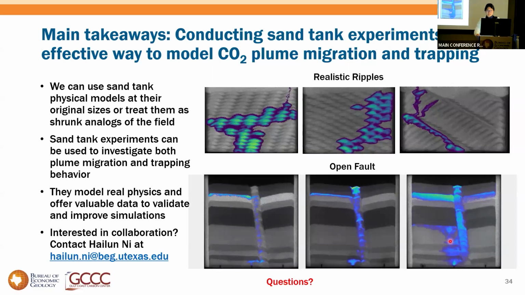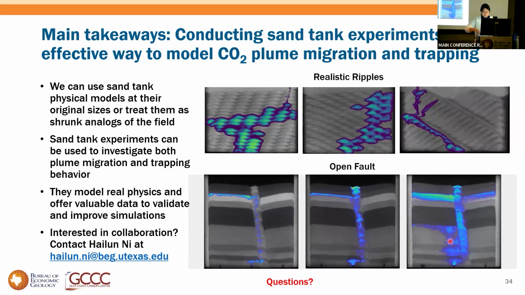Okay, yeah, that is another good question. The way we address what we call scaling issues, essentially we conduct these lab scale experiments at a smaller scale, and the question is how it would be applied to a much bigger scale at the field.